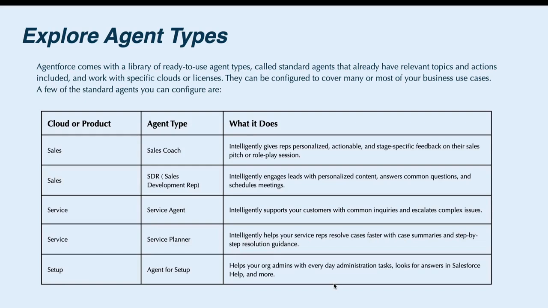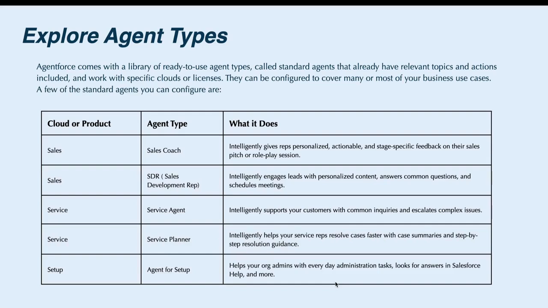And here we have listed some of the standard agents that are already available, which includes Sales Coach, which intelligently gives sales reps personalized, actionable, and stage-specific feedback on their sales pitch or role play session. Next, we have the Sales Development Rep, also called SDR, which engages leads with personalized content, answers some common questions, and schedules meetings. Then we have the Service Agent, which supports your customers with some common inquiries and escalates complex issues.